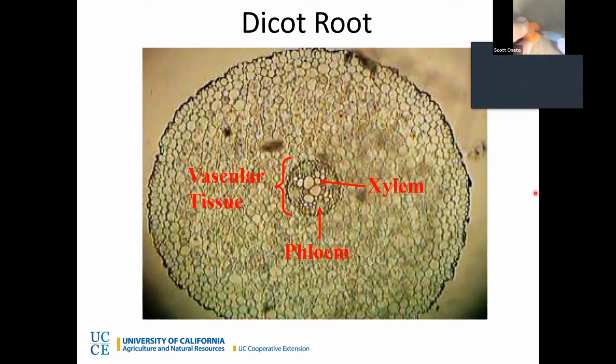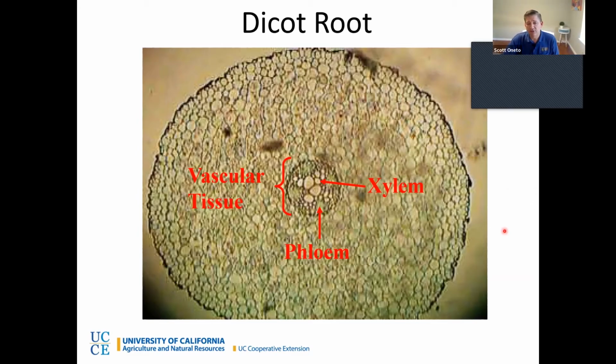I'll just draw a little ring around it. There is that vascular tissue in the carrot. In there we have this X, which makes up the xylem, and then we have the phloem in the apex of all of those. So again, all of the dicots will look like that.